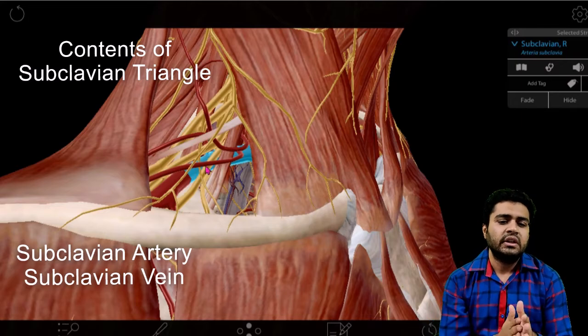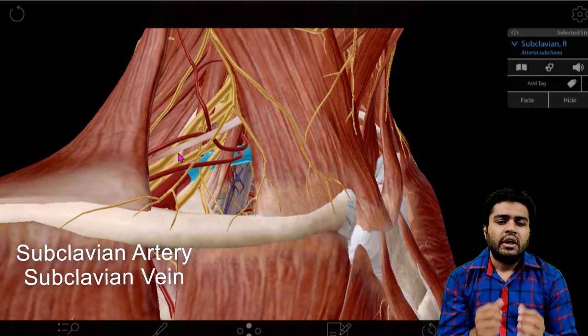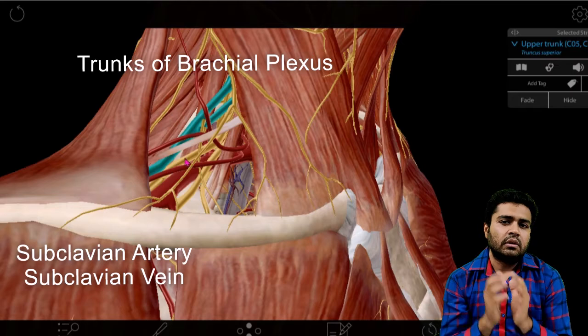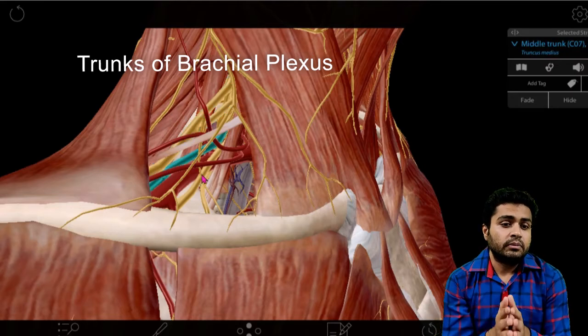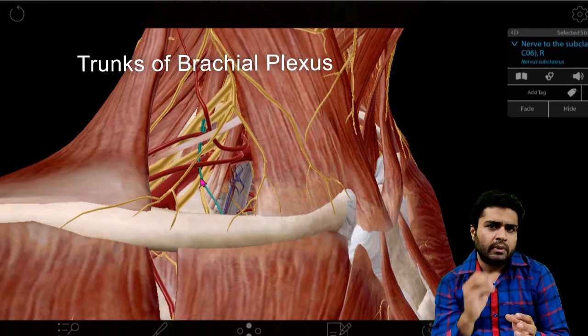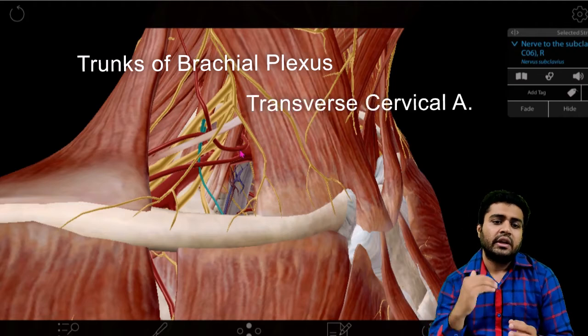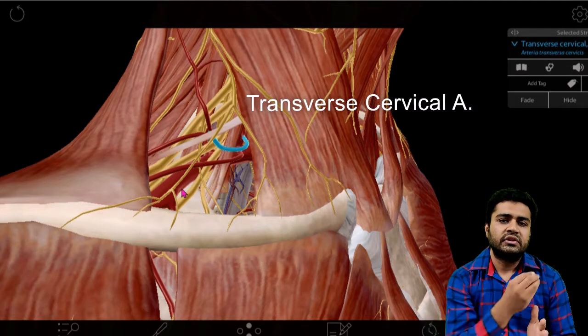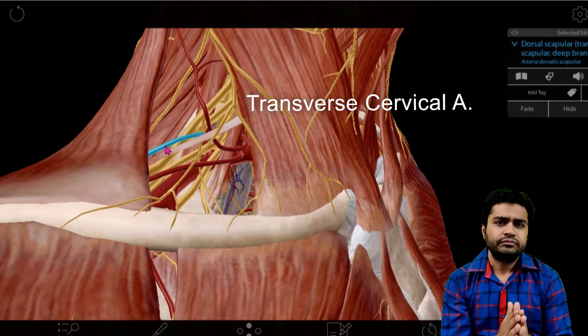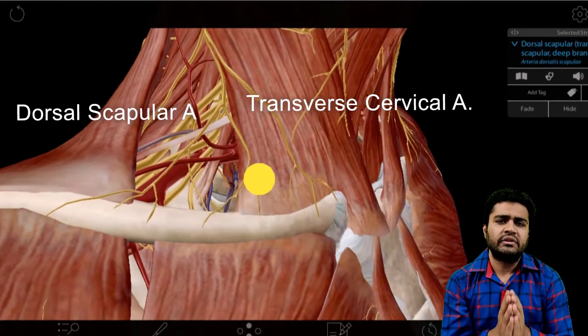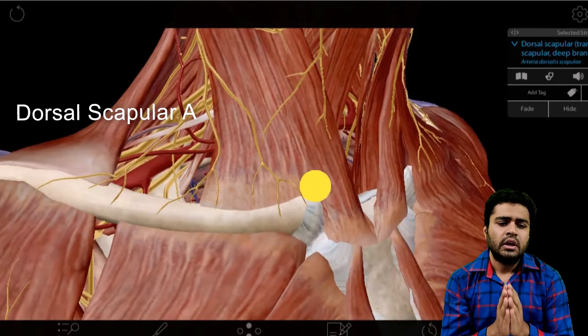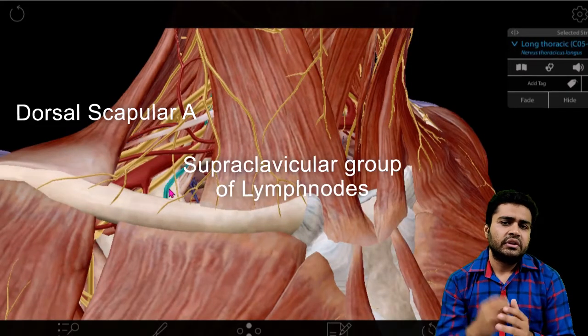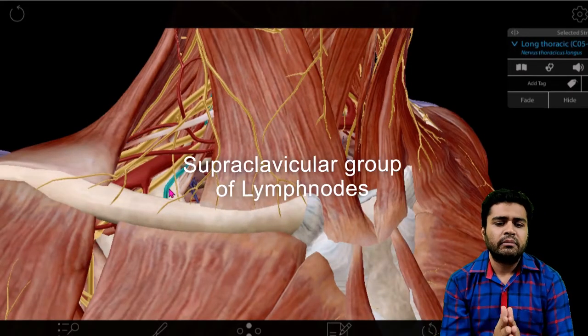In the subclavian triangle, remember mainly the third part of the subclavian artery, which then continues as the axillary artery. And brachial plexus trunks are also present in the contents of the posterior triangle: the lower part is in the subclavian triangle and the upper part is in the occipital triangle. Also the transverse cervical artery is present in the subclavian triangle, as well as the dorsal scapular artery, and in the subclavian triangle you can remember the supraclavicular group of lymph nodes.